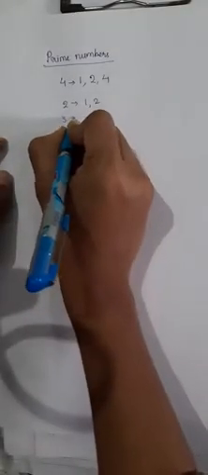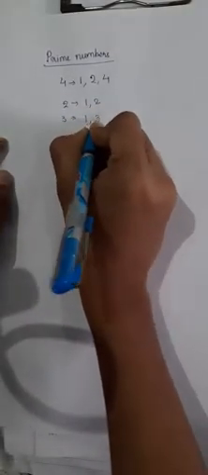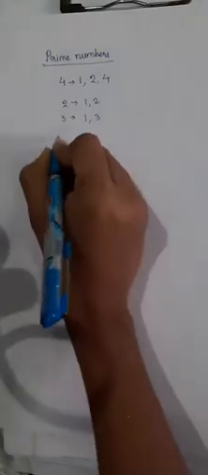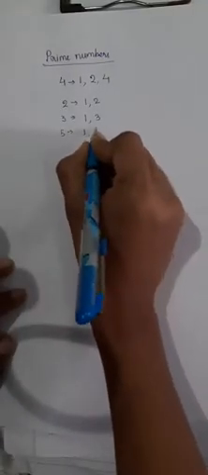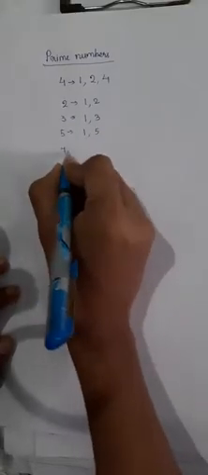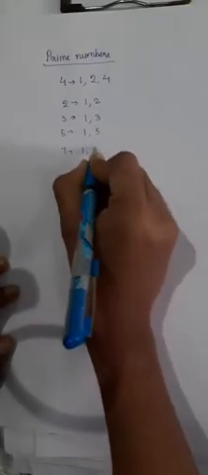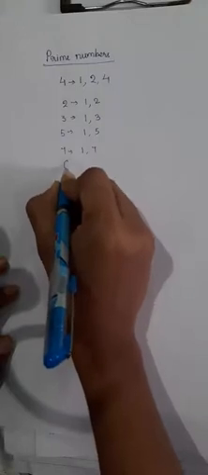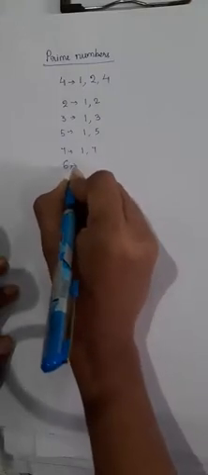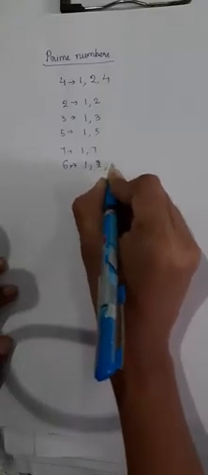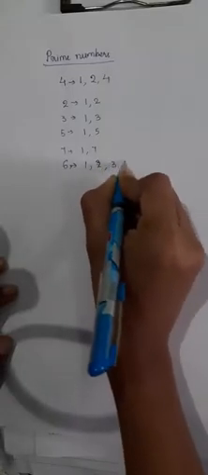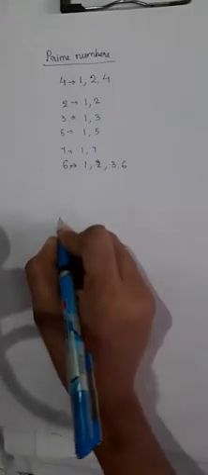3 is also divisible by 1 and 3. Then comes 5. 5 is also divisible by 1 and 5. 7 is also divisible by 1 and 7. If you take 6, it is divisible by 1, 2, 3 and 6, since 2 threes are 6 and 6 ones are 6.